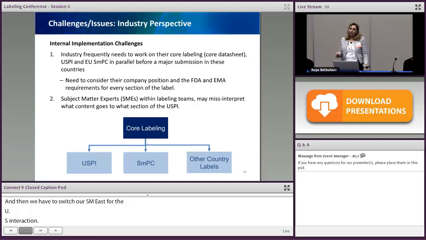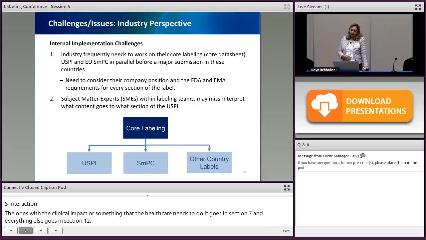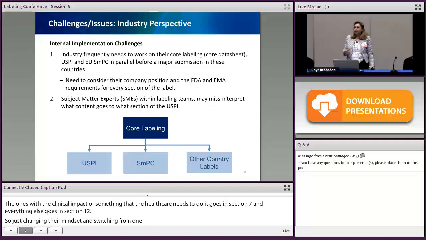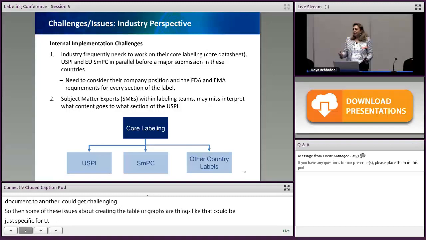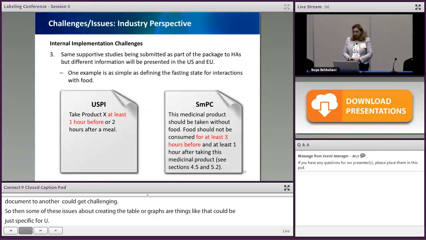So changing their mindset and switching from one document to another could get challenging. Some of these issues about creating tables or graphs could be specific to the US, and that might not be encouraged by other health authorities. So that is some of the internal issues we have to keep in mind within our labeling teams.